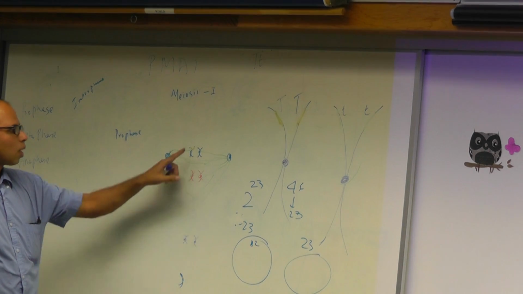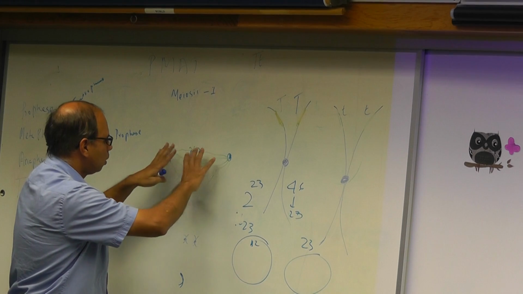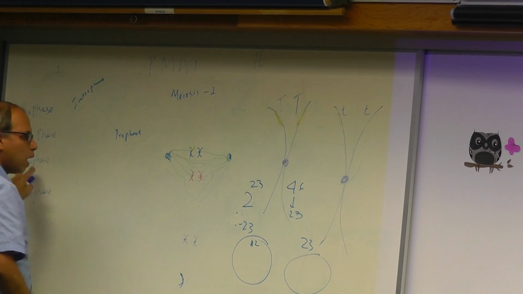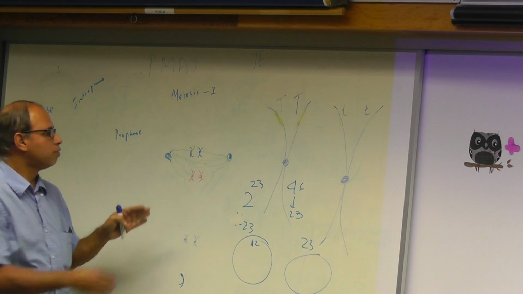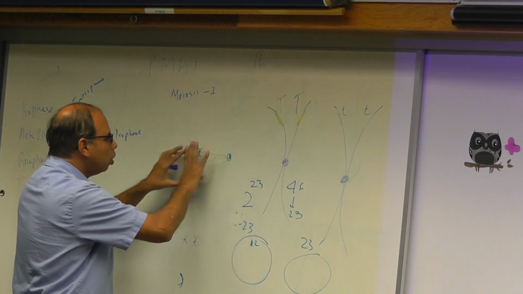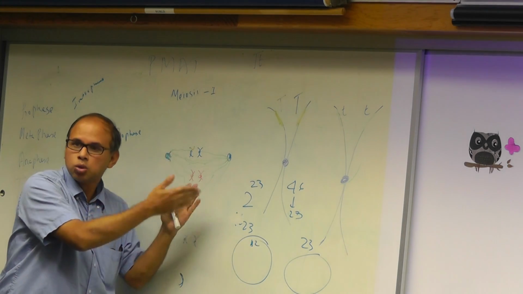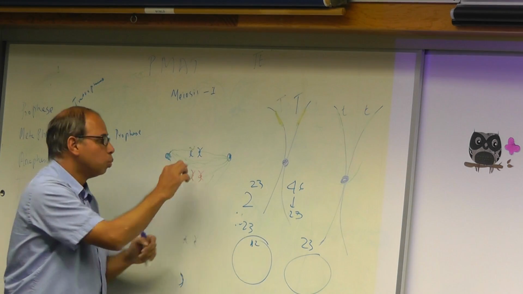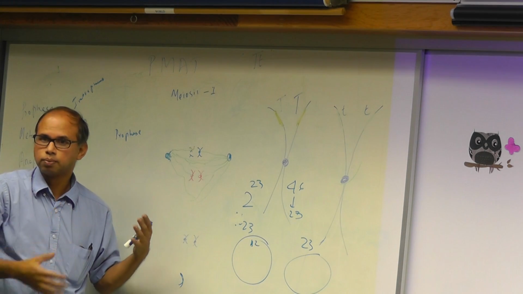And then, after this, it goes through the anaphase and telophase, very similar to mitosis, except that what is being pulled apart is not the sister chromatids, but the entire chromosomes, which still have the centromeres attached to them.